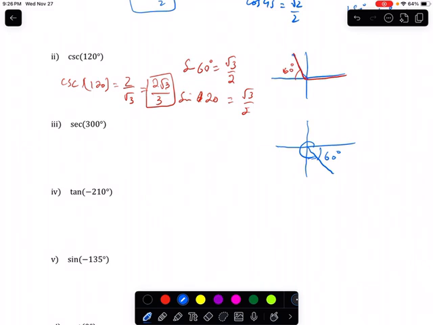So it means the secant of 300 will be the same as the secant of 60, because in the first and the fourth quadrant the secant is positive. So cosine of 60 is 1/2. So secant of 60 will be 2. So secant of 300 is the same as secant of 60 degrees, which will be equal to 2.